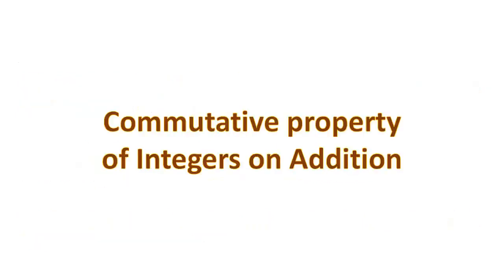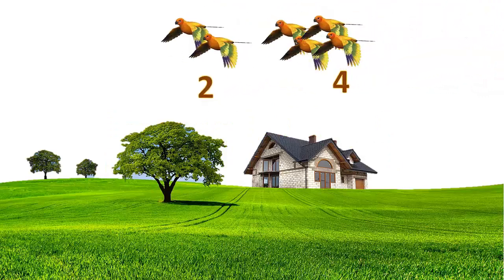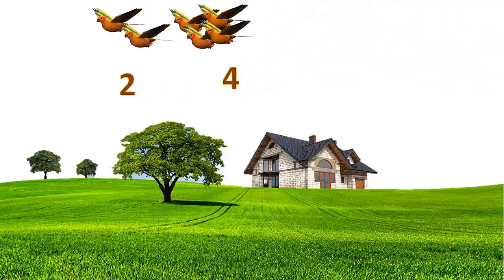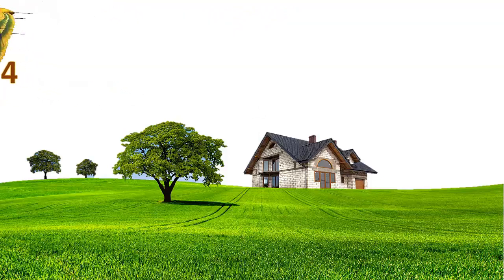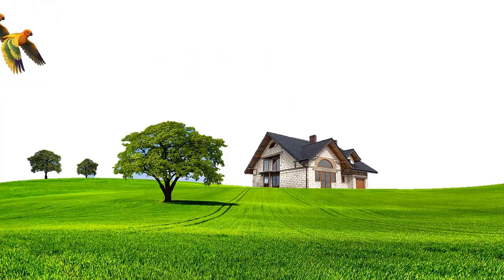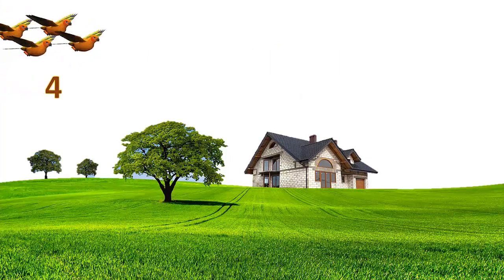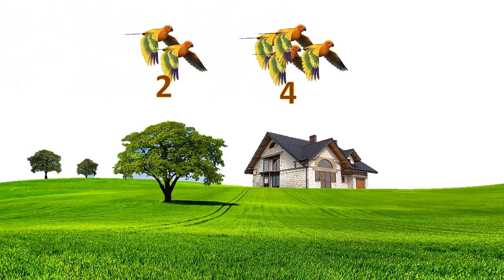Now let us see these birds, 2 in a pair and 4 in a group, flying together, and totally there are 6 birds. Next we see 4 birds flying first and followed by 2 birds.